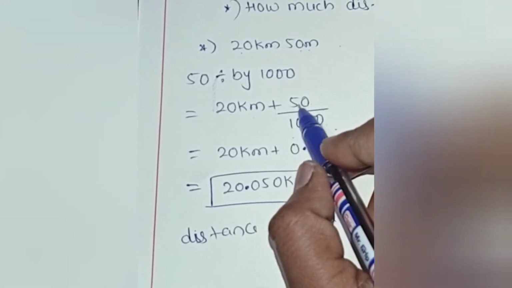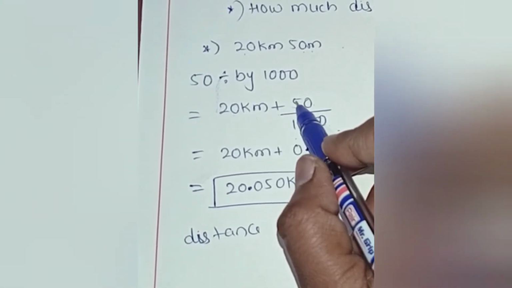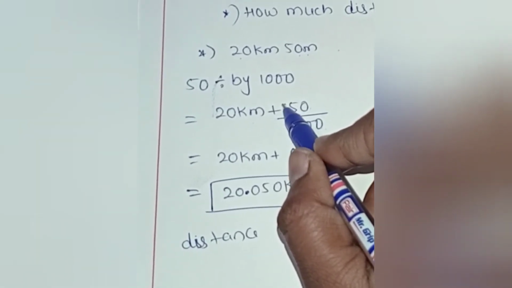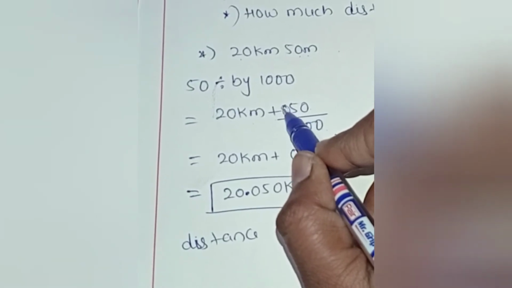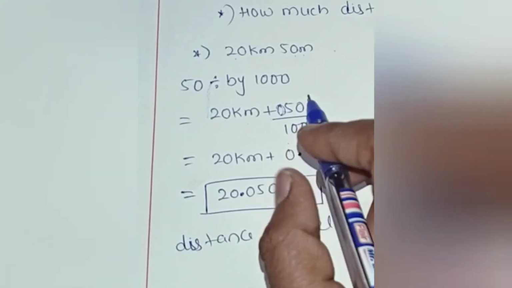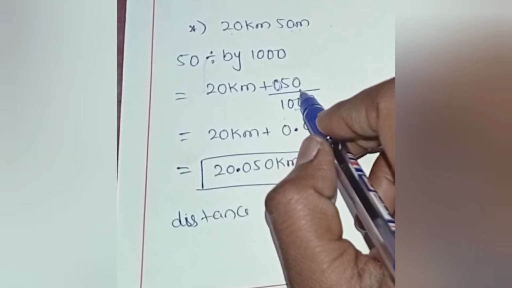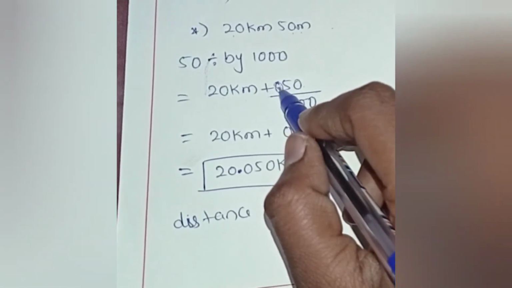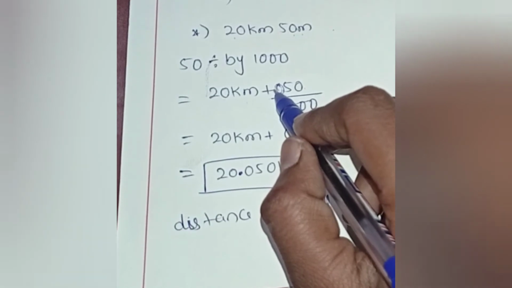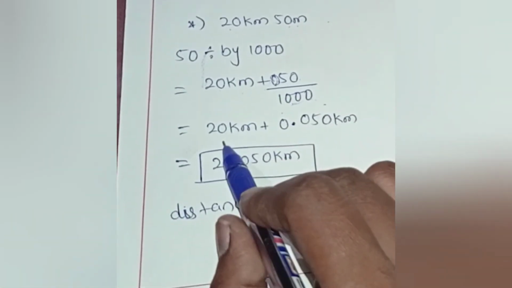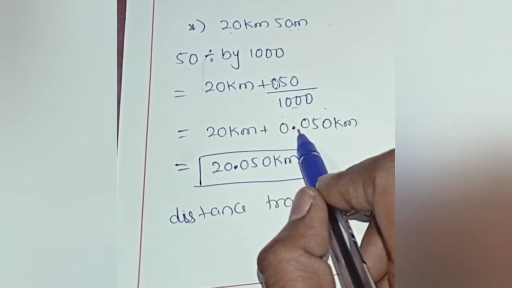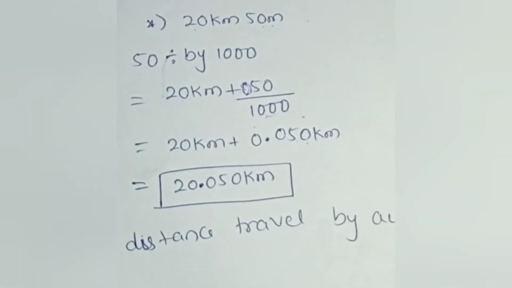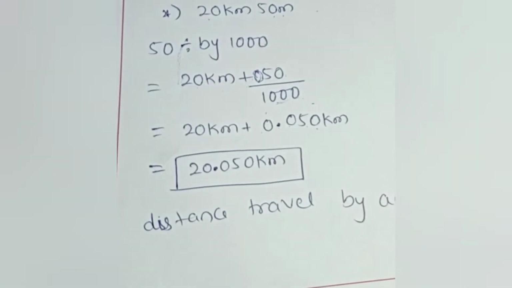But in the numerator I have only 2 numbers, right? What should I do? Yes, 0 I'll write before 5. Okay, how many numbers I have in the numerator? 3 numbers, right? So where should I take decimal point? After this 0, right? So 20 kilometer plus 0.050 kilometer.